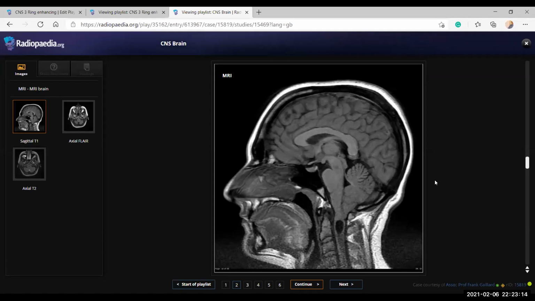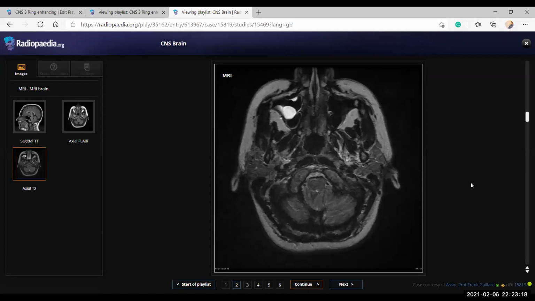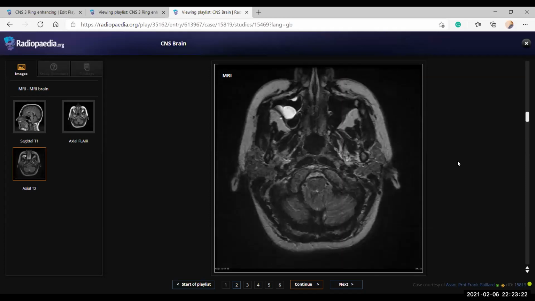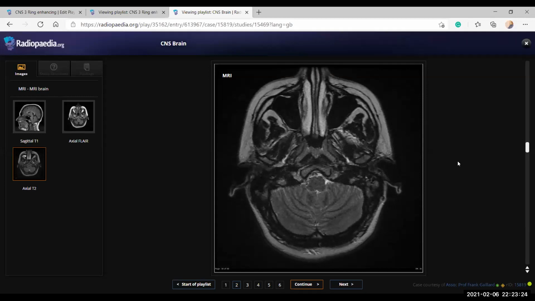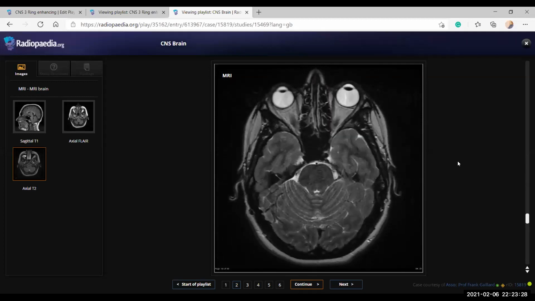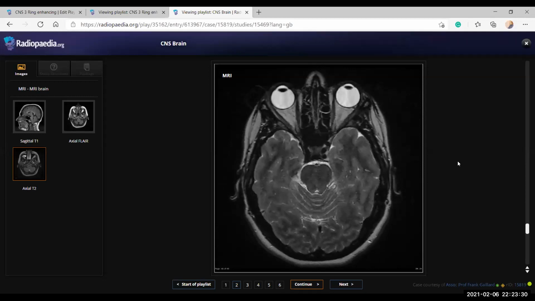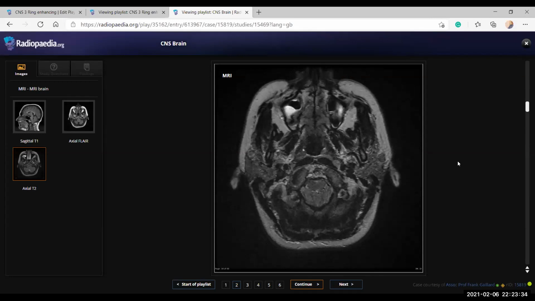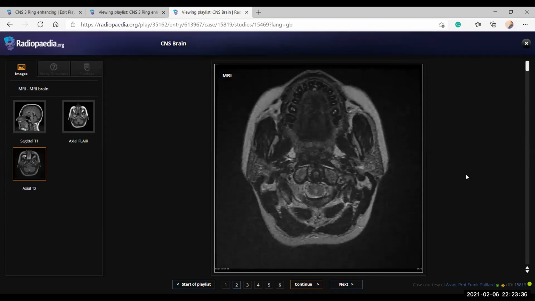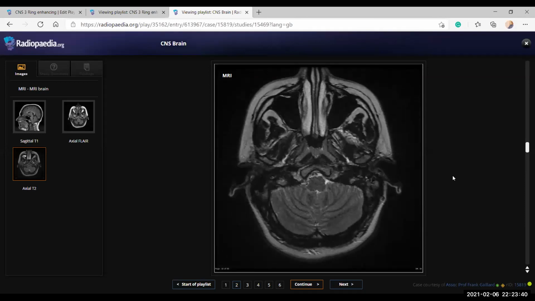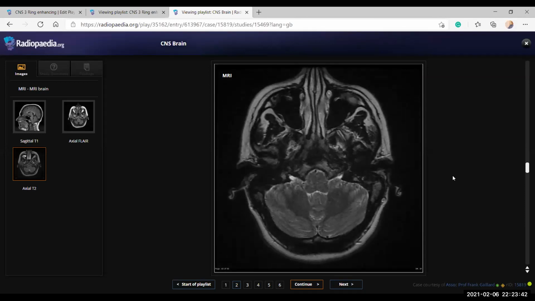Can we change to the axial T2? Okay, you can tell me where to stop. So here the axial confirmed tonsillar ectopia, and there is no supratentorial hydrocephalus, with a normal ventricular system. There is a retention cyst in the maxillary sinus.